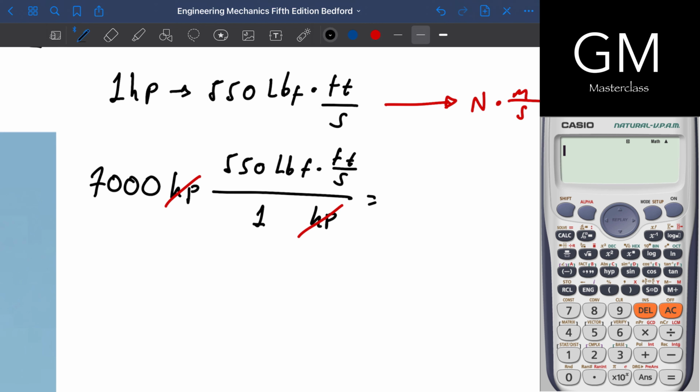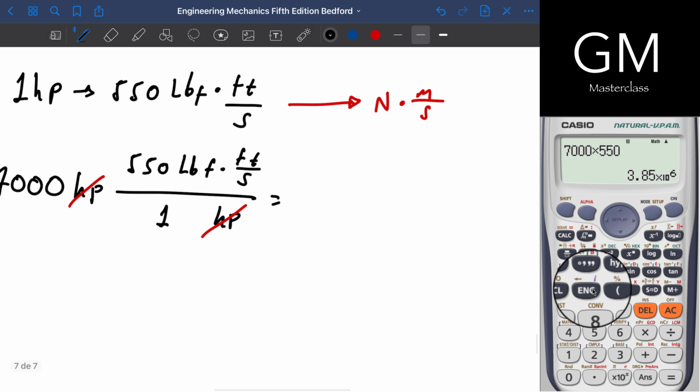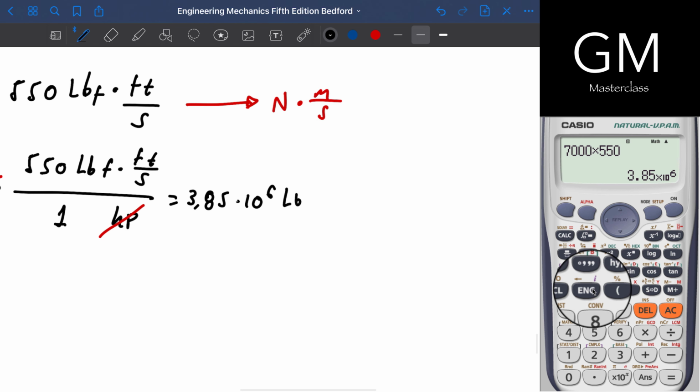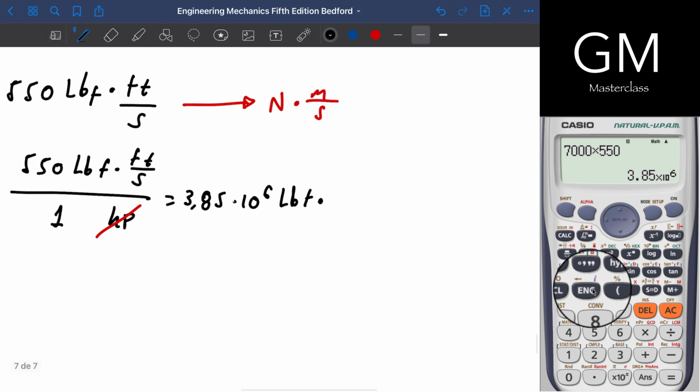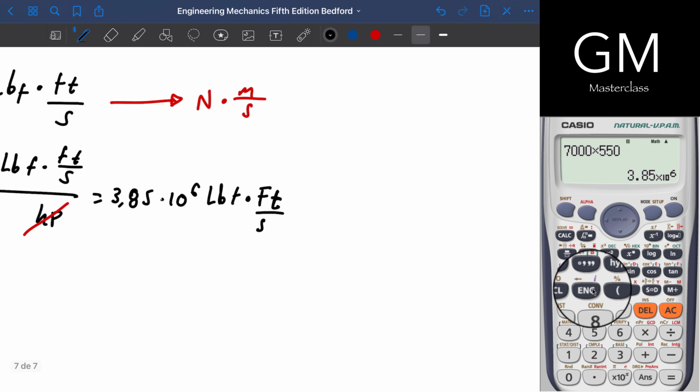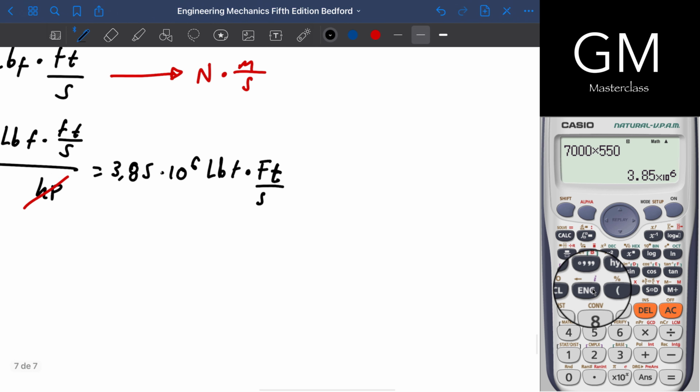This is going to give me an answer. 7,000 multiplied by 550 is equal to 3.85 times 10 to the 6th power force pounds multiplied by feet per second. And then I'm going to transform those into newtons multiplied by meters per second.